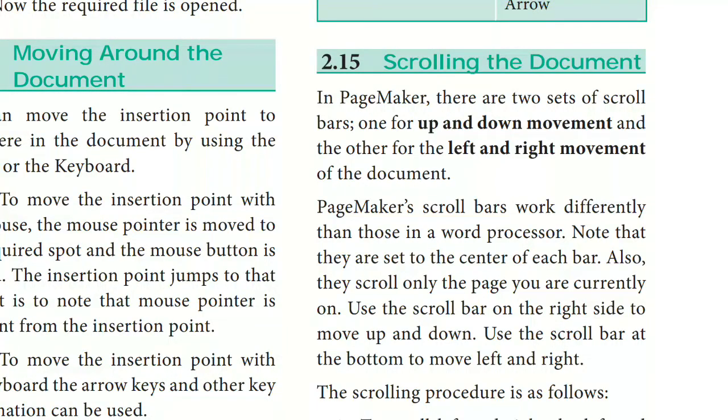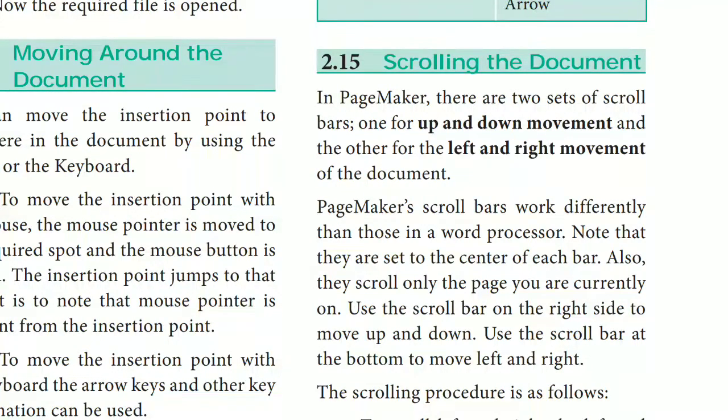Note that there are set to the center of each bar. It is set by default to the center of the screen. Also, they scroll only the page you are currently on.